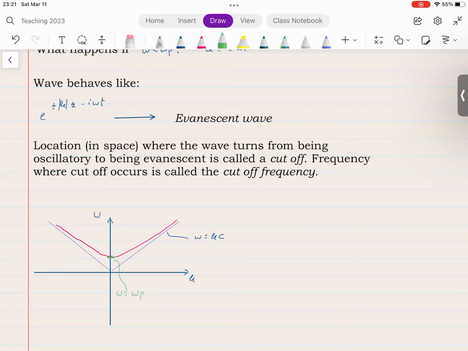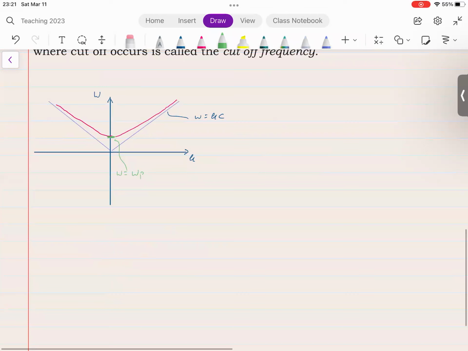From the point of view of the wave, it is as if the plasma wasn't there, because it has too much inertia to react to the wave oscillations. Okay, that's almost all I wanted to mention.